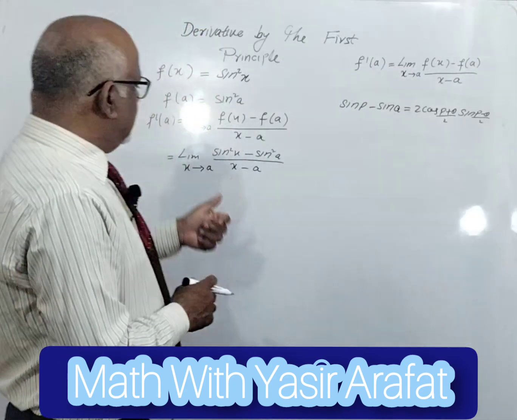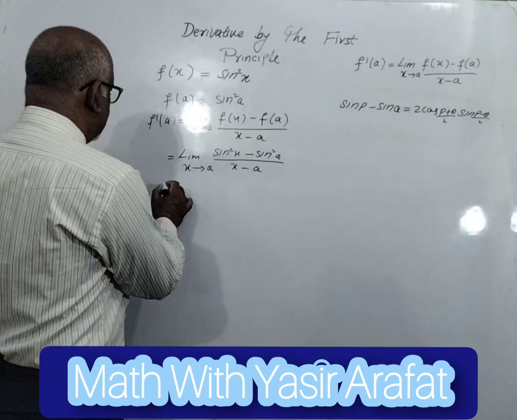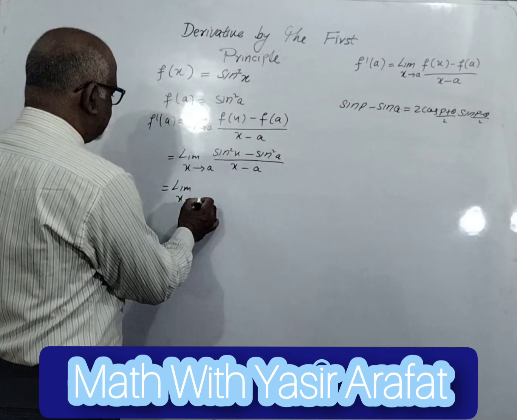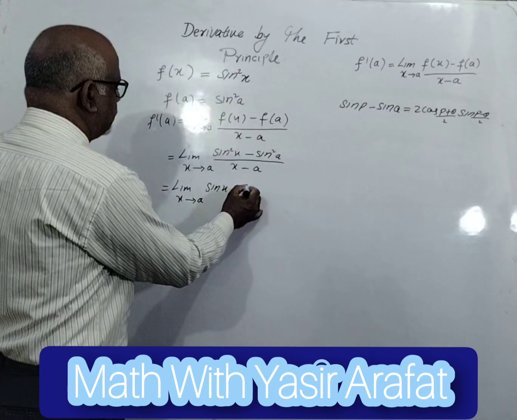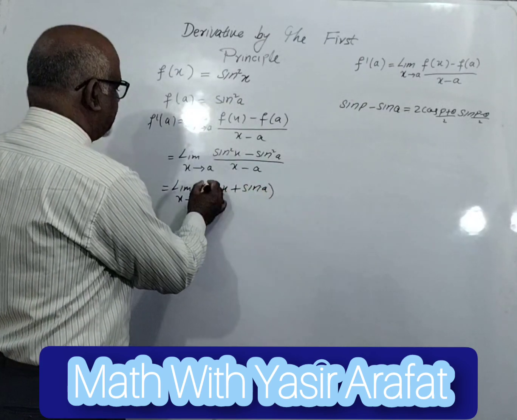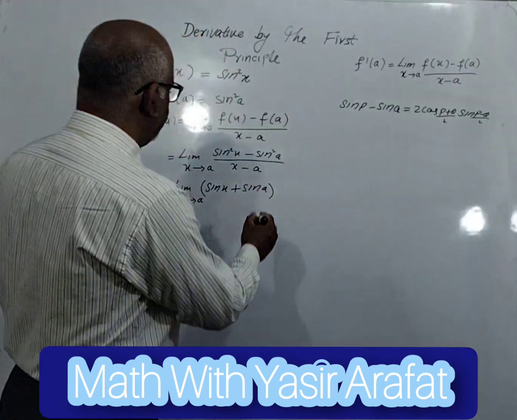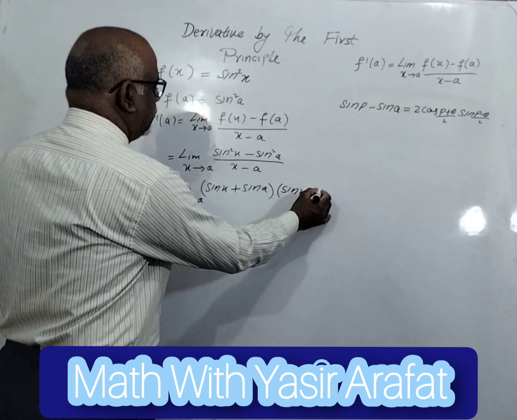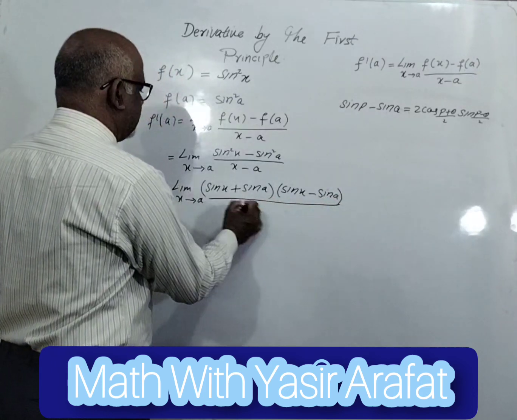So in the numerator, it is a square minus b square. We can write a square minus b square equals a plus b, a minus b. So this is sine x plus sine a, times sine x minus sine a, and the whole divided by x minus a.